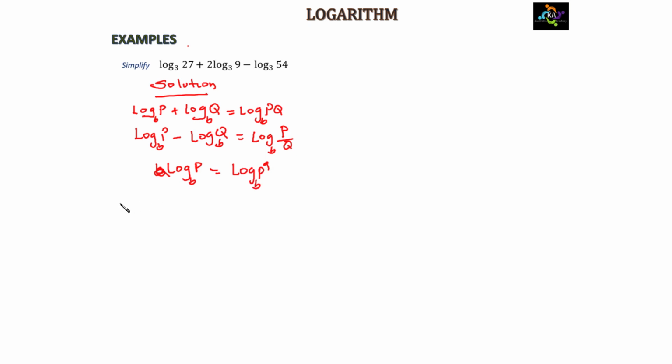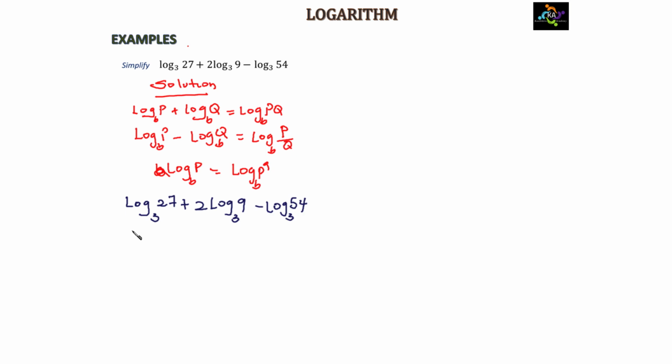Now from the question, we have log 27 base 3 plus 2 log 9 base 3 minus log 54 base 3. Then you follow the pattern of the laws.